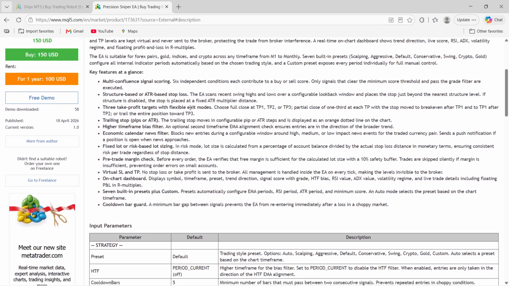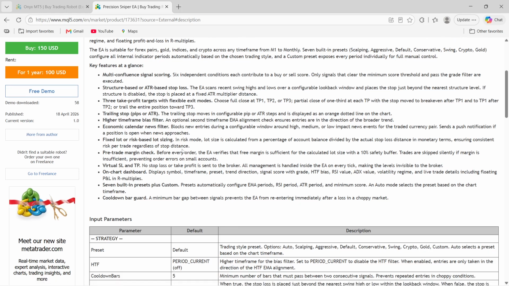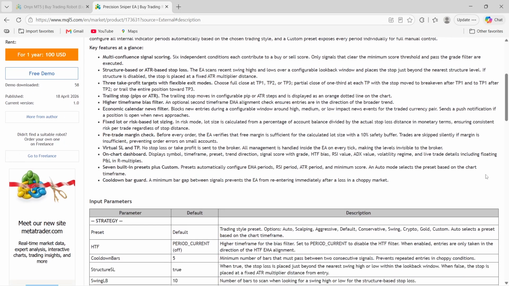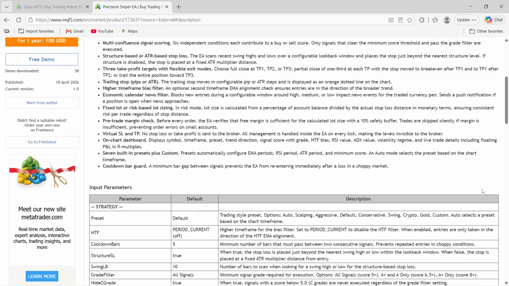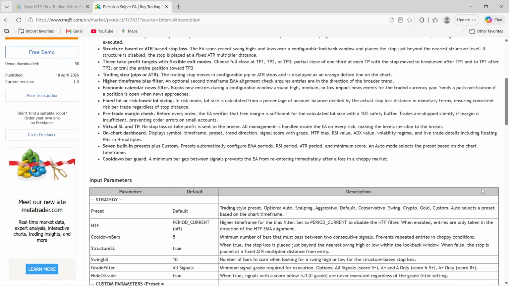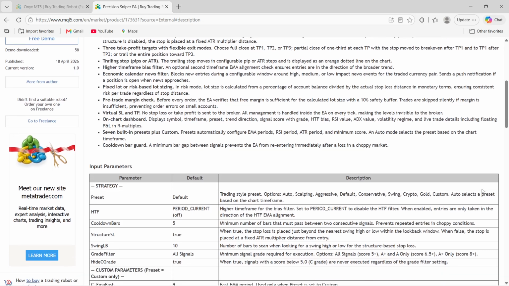So you can see the key features. They include precision entry filtering, dynamic stop placements, trailing and partial profit options, risk percentage controls, and session-based trading. The input allows fine-tuning of sensitivity and risk parameters. It's positioned as a high accuracy tool for traders who prefer quality over quantity of trades.